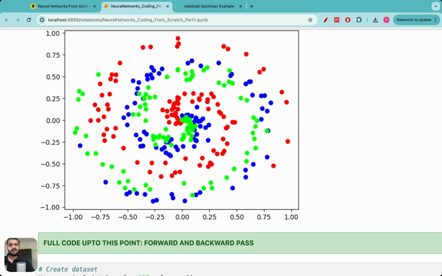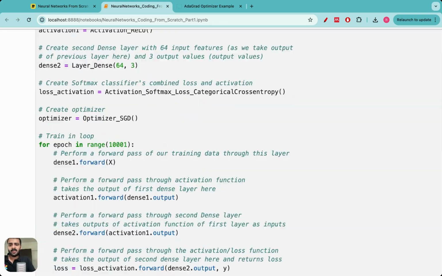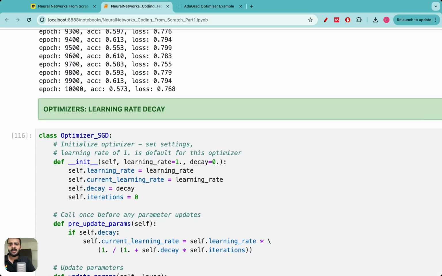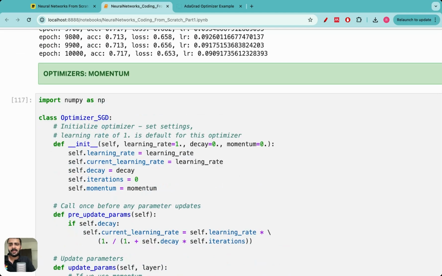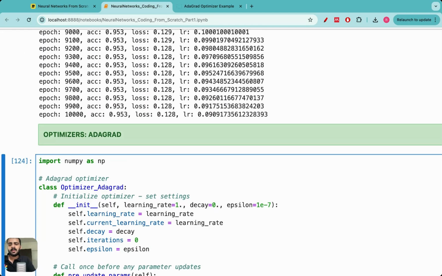So let's say we have optimized the weights and biases of the neural network, and if I give it a new data point, the neural network should tell us correctly whether it's red, green or blue. So that's the problem which we are considering. And now let me jump towards the ADAGRAD piece of code.